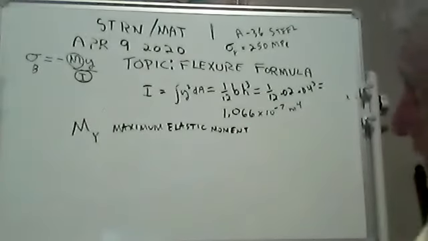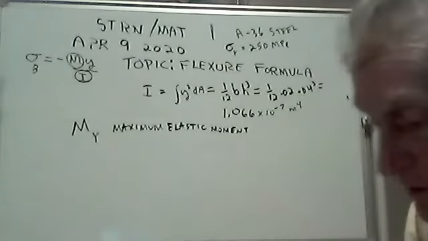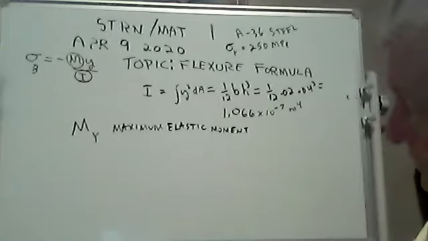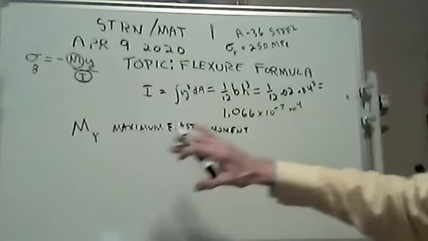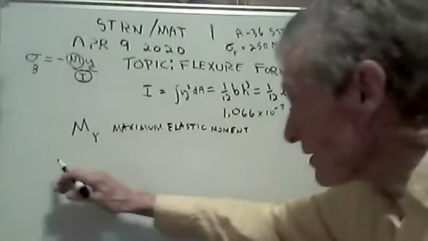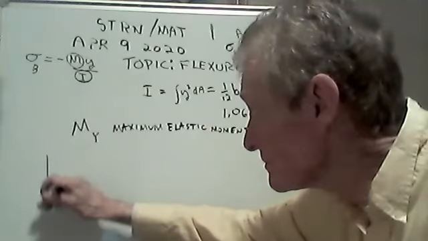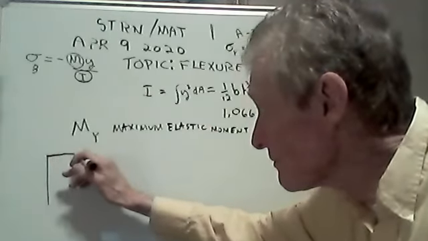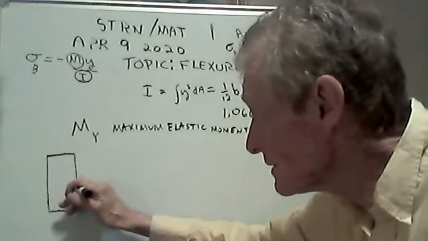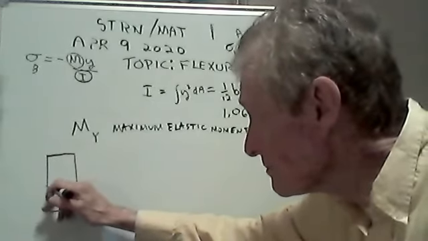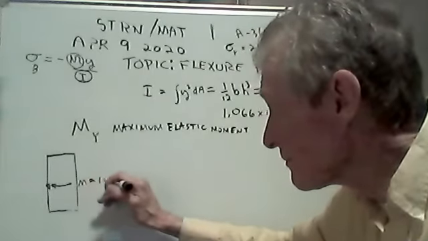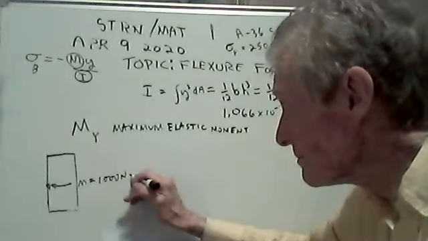Now the moment that we had on our piece was 188 megapascals. No, that was the stress. The moment was, I erased it, but I believe it was 1,000 Newton meters.